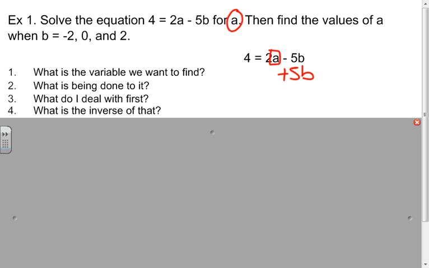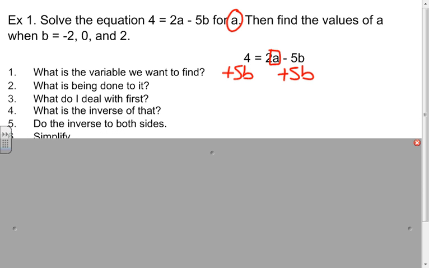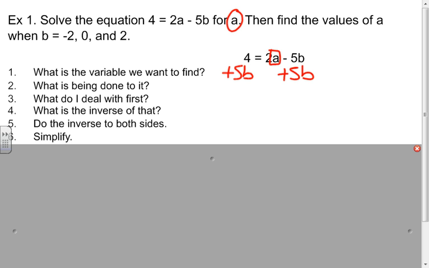We're going to do that to both sides, and then we're going to simplify. Subtracting 5b and adding 5b are inverses, so they cancel. On the left side, we have 4 plus 5b. And on the right side, we have 2a.